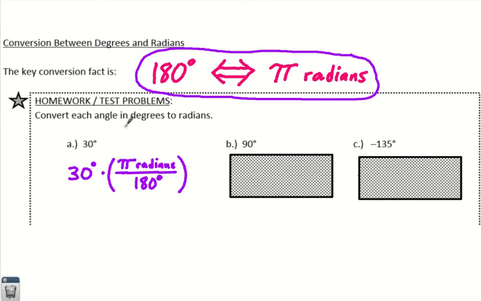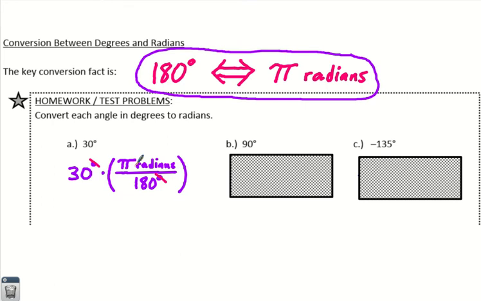Again, the bottom line here, just to repeat myself a little and emphasize something: to convert from degrees to radians, we multiply by pi radians over 180 degrees. It's vital that we put 180 degrees on the bottom and pi radians on the top, so that the degree units will literally cancel out. The degrees go away, and what unit will be left over?